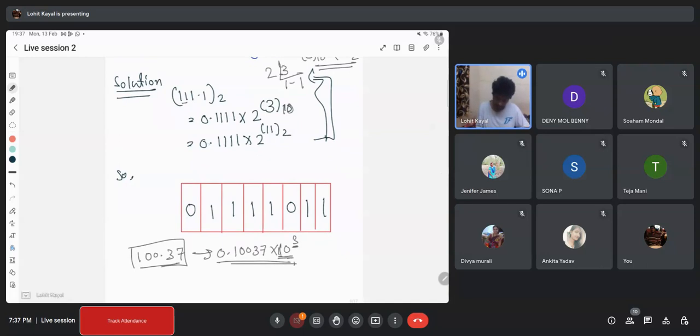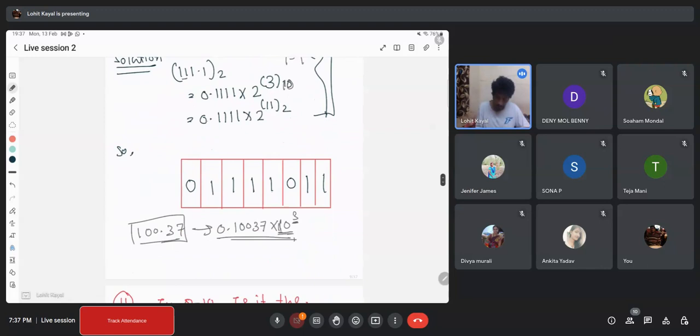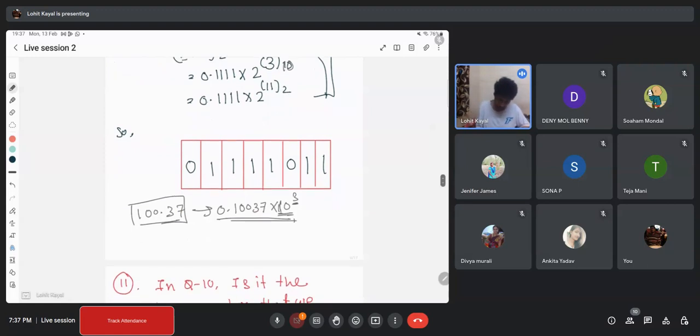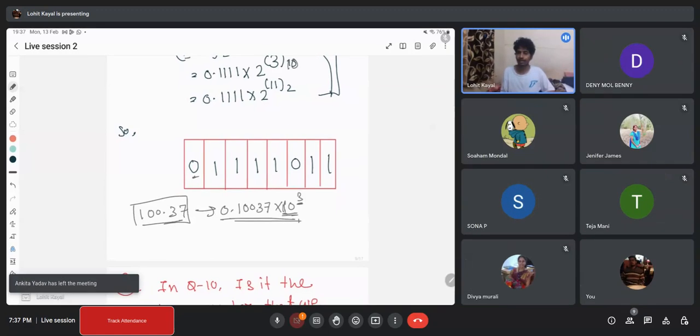The final answer will be 0.1111 into 2 to the power 11, and now it has the base 2. Now this number is completely in binary basis. So how to write the number? First is the sign of the number, and the sign is positive. This is not a negative number, so 0 appears over here. Now, Shoham, as I have told, the mantissa is the main body of the number.